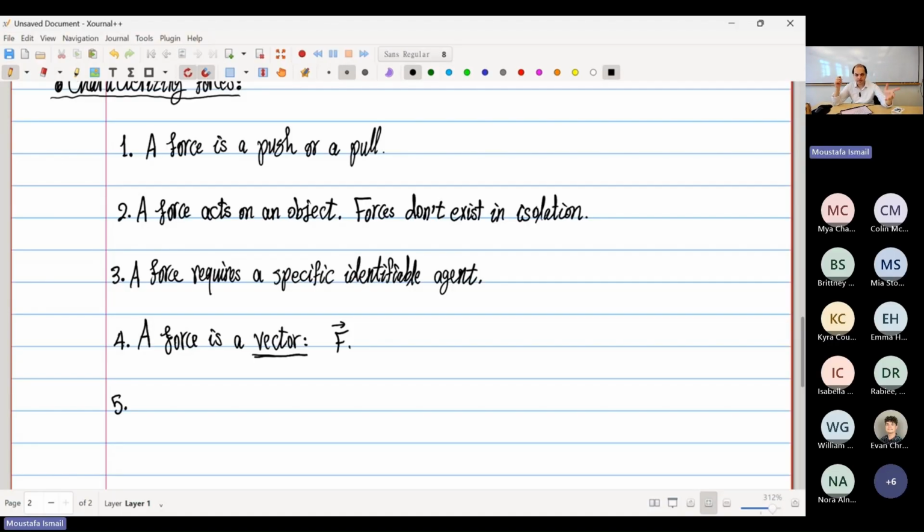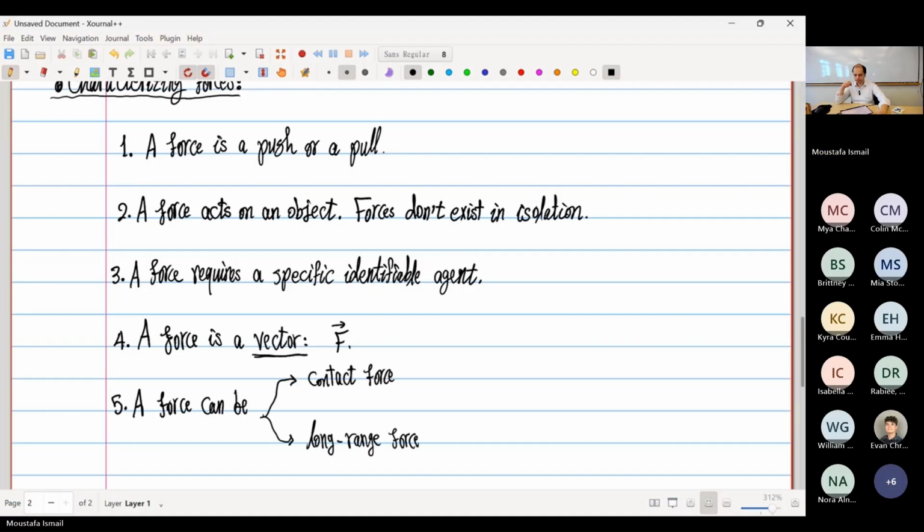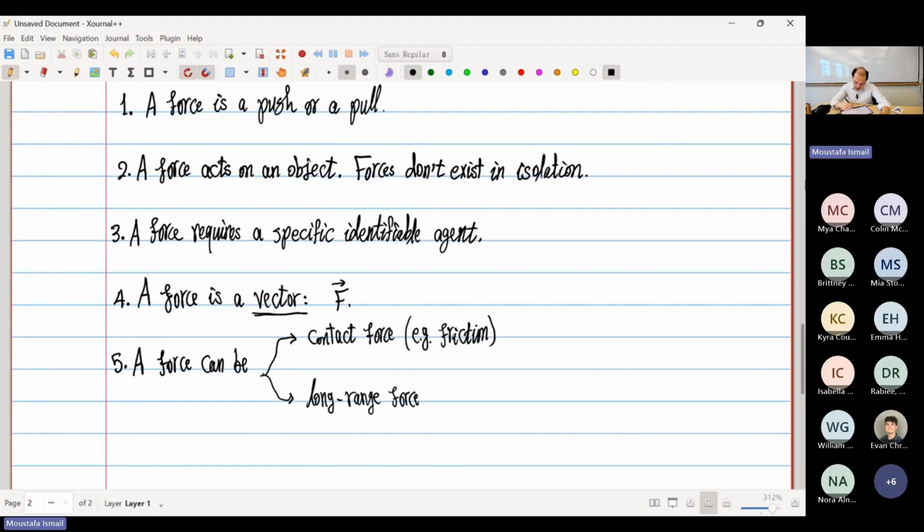Then there are two big categories of forces. A force can be either a contact force or a long-range force. Contact force, from the name, requires the two surfaces to be in contact. For example, friction force is a contact force. The agent and the object must be in contact. By contrast, a long-range force doesn't require the agent and object to be in contact, and the very famous example of that is gravity.